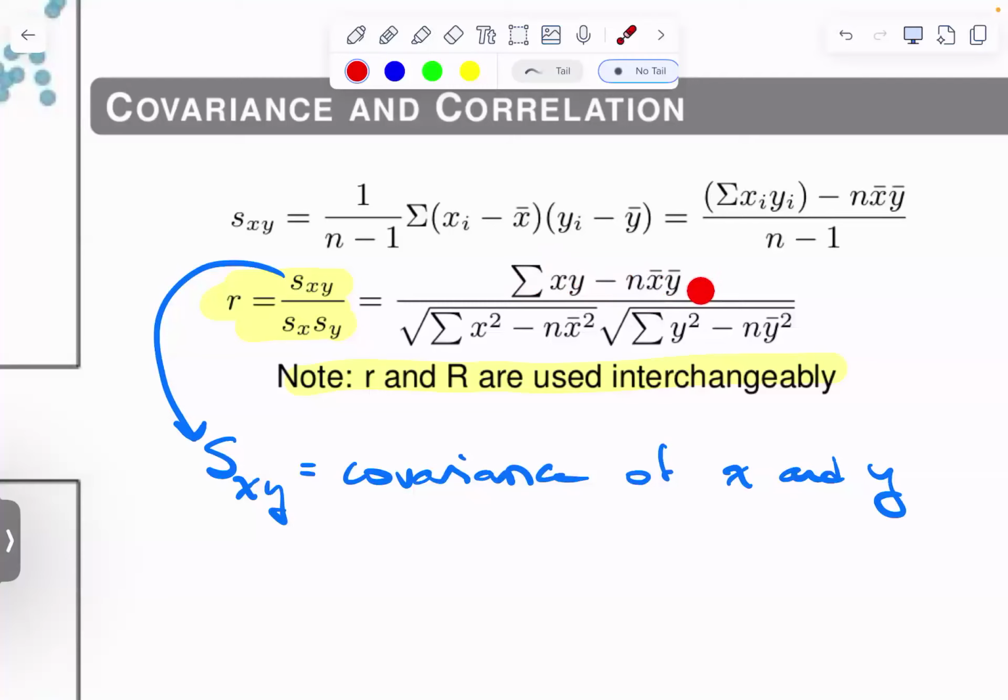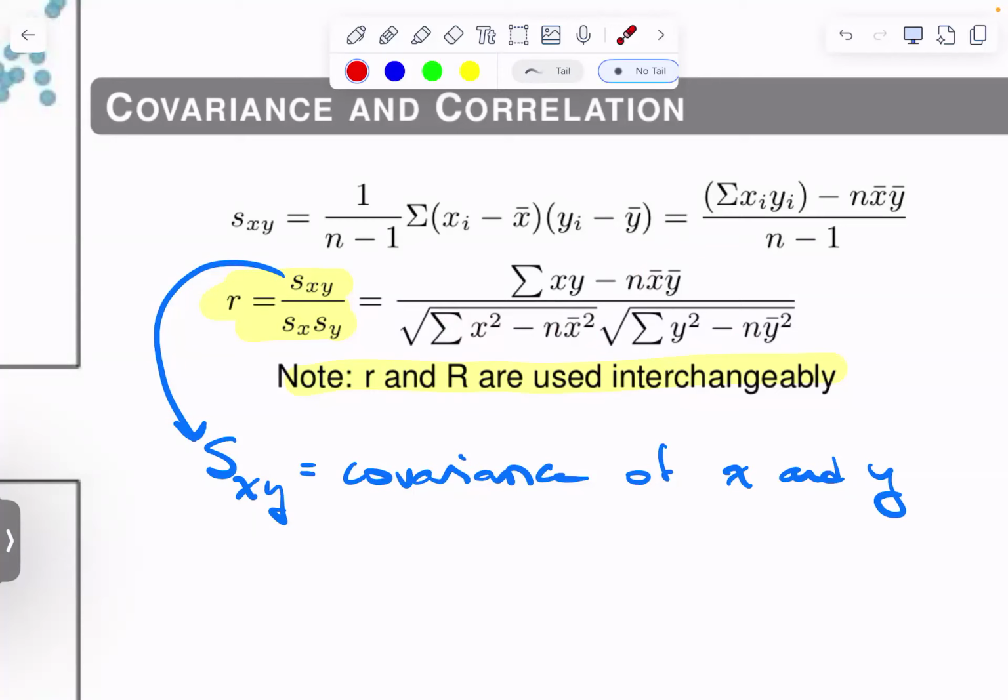You can find your y bar, which is your average of the y's. You can make a new column of x's squared, just take your x's and square them, sum them all up. You can find the average of the x's. In fact, you already have it. You can square it, multiply by n, take it away from that sum, and then take the square root. Holy moly. Do the same thing for the y's. That's a job for Excel.